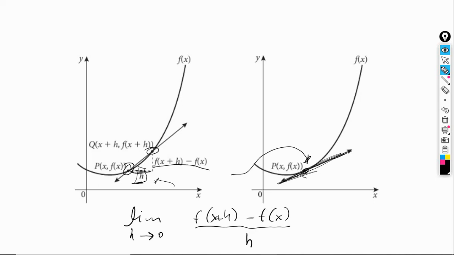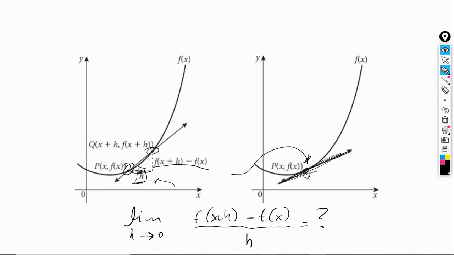But what if h is really tiny and closer to 0? What would this slope be? Notice that this is actually the accepted definition of a derivative: the limit as h approaches 0 of f of x plus h minus f of x, divided by h.